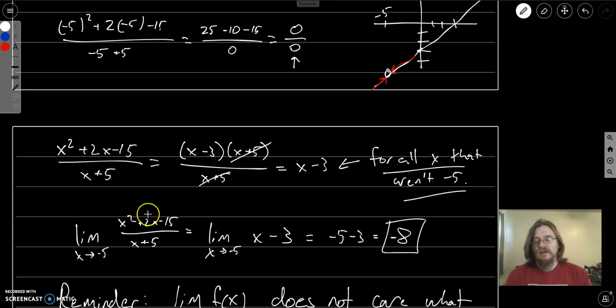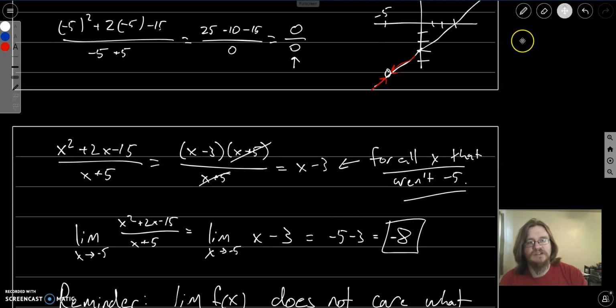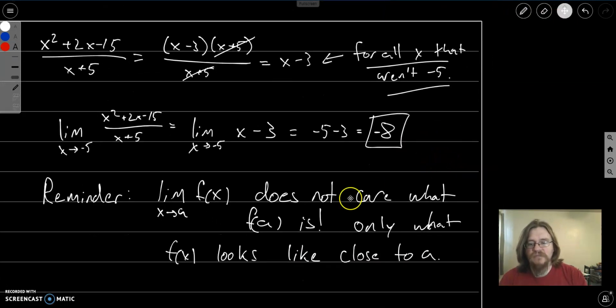So we can reduce rational fractions, and then plug it in, provided that, again, we're not dividing by 0. Here, when we reduce the fraction, we just get a nice polynomial. So again, just to reiterate, the limit of a function as x approaches a doesn't care what f of a is. f of a might not exist.